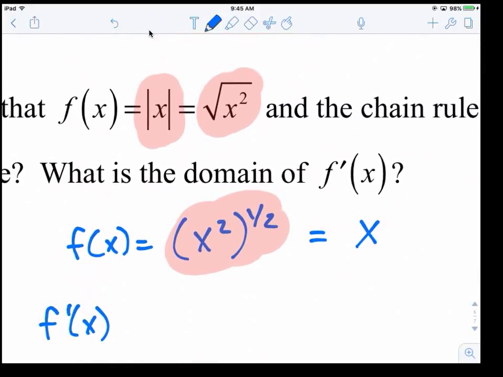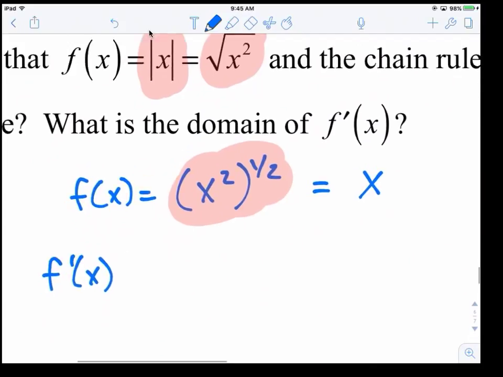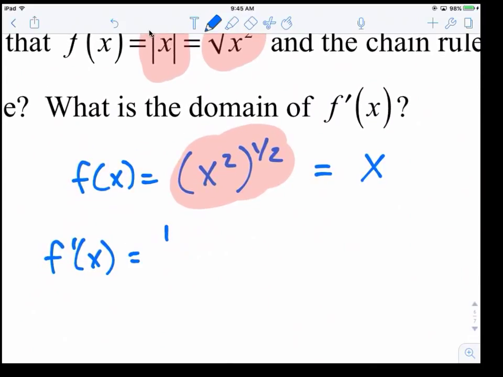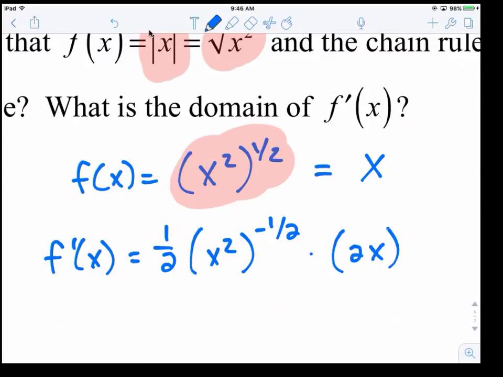So that's from up here. I just rewrote it with the exponent. So you have 1/2 times x squared to the negative 1/2 times 2x.